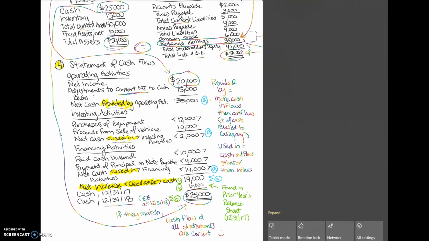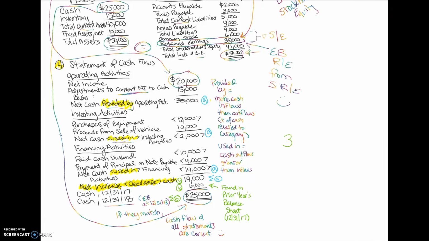So if you look over here, I can do a little calculation off to the side. 35,000 positive, subtract a negative 2,000, subtract a negative 14,000 is going to give you an increase or a positive $19,000 change in cash. So that's your change in the cash balance.